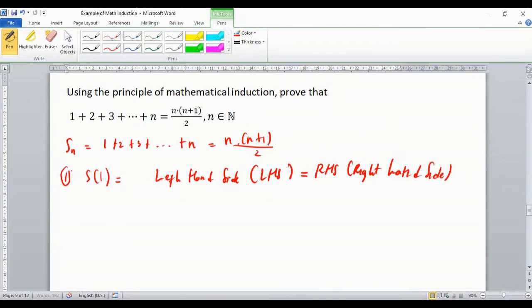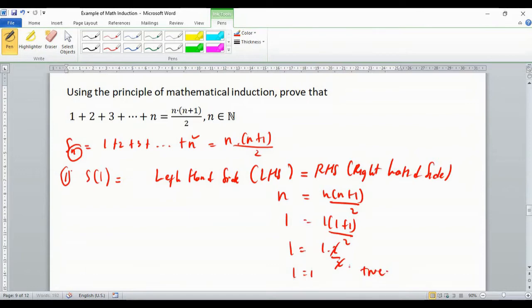Okay, so from here, when you want to put S equal 1, it doesn't mean you change anything else, you want to change the n to be 1. So n times n plus 1 over 2, change the n to be 1. So 1 equals 1 times 1 plus 1 over 2. So 1 times 2 over 2, cancel. So 1 equals 1 is true.